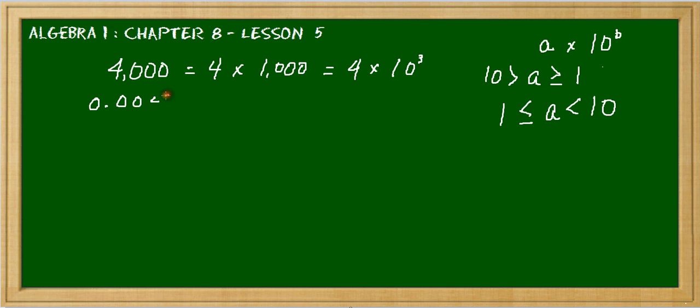And we know that this is 4 thousandths, right? So that's 4 over 1,000. And we can simply write that as 4 times 1 over 1,000.